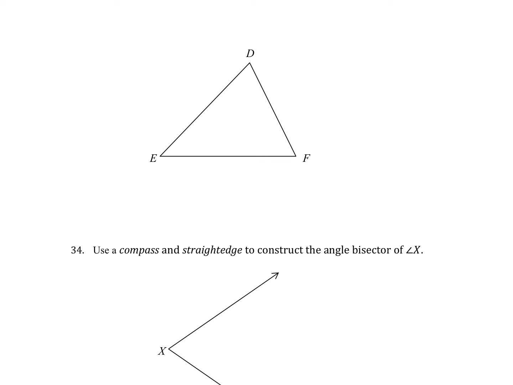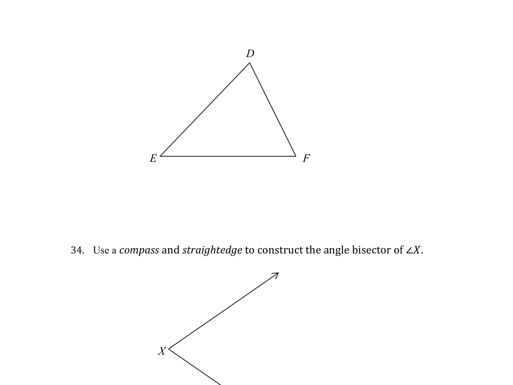Let's say you have this set up and you are going to find, I'll just do both, angle bisectors and perpendicular bisectors, okay? Let's do this first. If I want the perpendicular bisector of that, this is cat eye. You're going to go more than halfway.